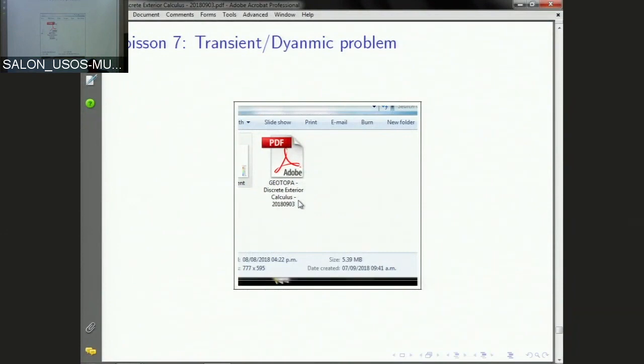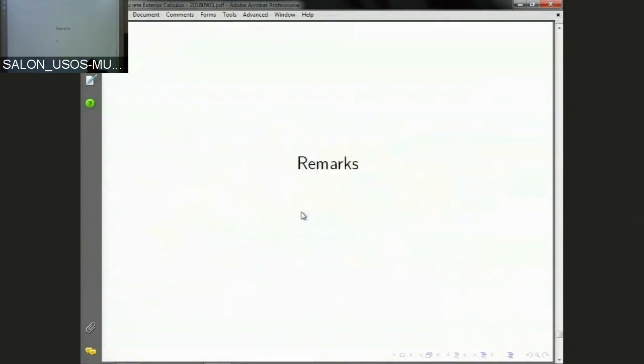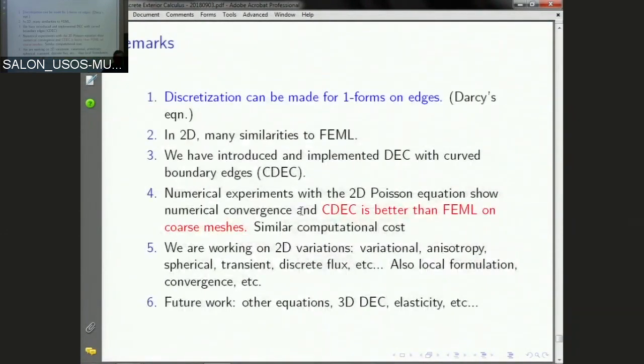No, let's see the next one. Okay, so finally, just some remarks. So let me start with number 5. We have been working in 2D to understand it, implement it, test it. We have developed some variations of it: a variational one that didn't work so well, anisotropy, which worked well, spherical, transient or dynamic, and we have also developed a local formulation, which is important for people in numerical methods.